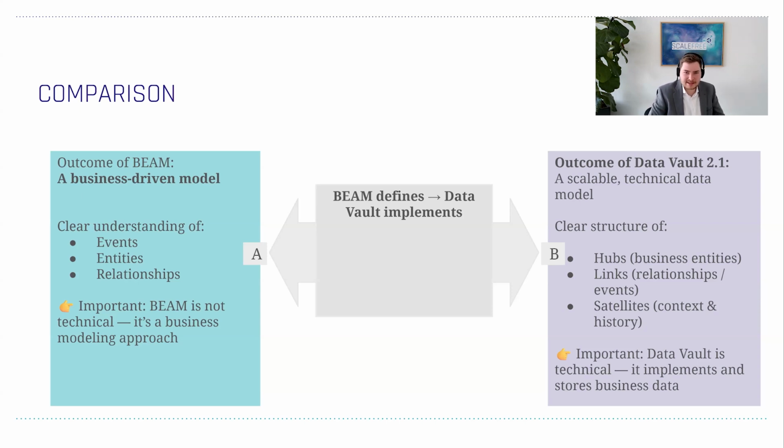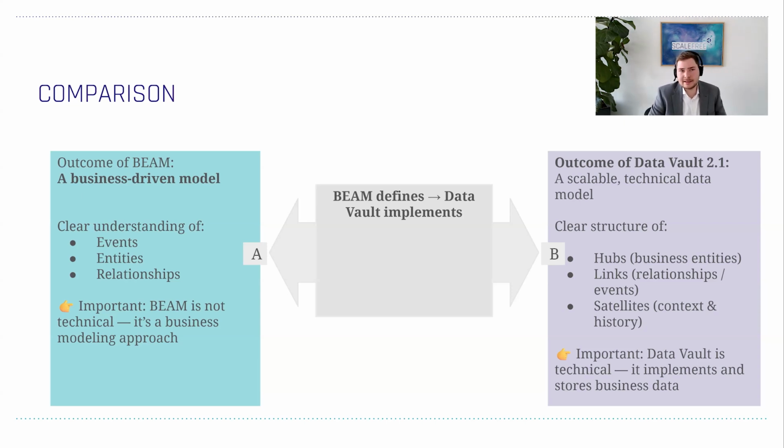The hubs are the business entities, links are the relationships or essentially events, right? If you have a relationship between a customer and a transaction, or maybe a link between a customer, a transaction, and a product, this is essentially your event, right? A customer has a transaction and buys a product. You have the same in BEAM as in Data Vault.